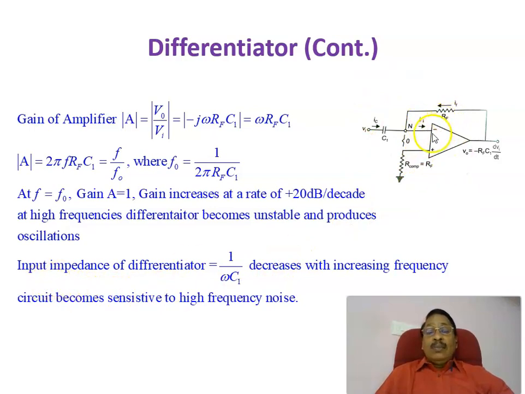Another point is that at high frequency, the input impedance is given by 1 by omega C1, where omega equal to 2 pi f. Therefore, at high frequency the impedance is very small. The input impedance of the differentiator, 1 by 2 pi f C1, decreases with increasing frequency.